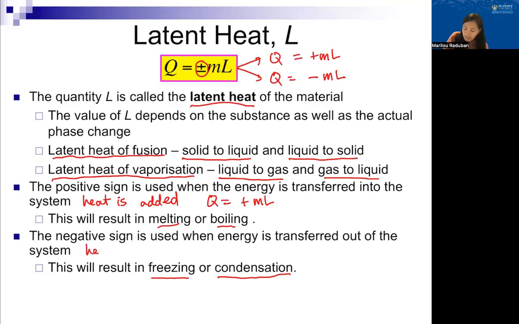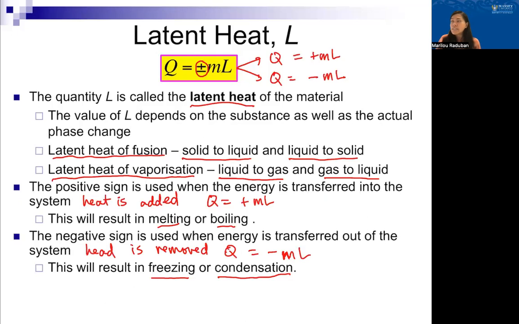In that case, when heat is removed or taken out, that's when you use Q is equal to negative mL. So the plus or negative sign just indicates whether heat is being added, for the plus sign, or heat is being removed, for the negative sign.